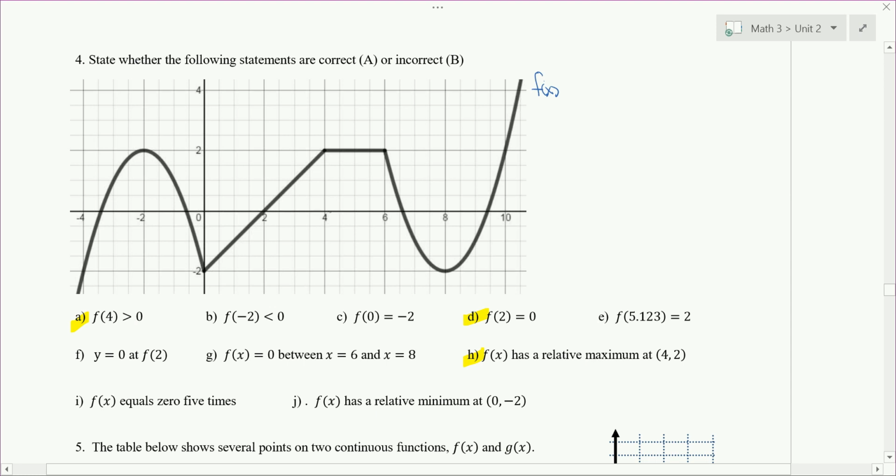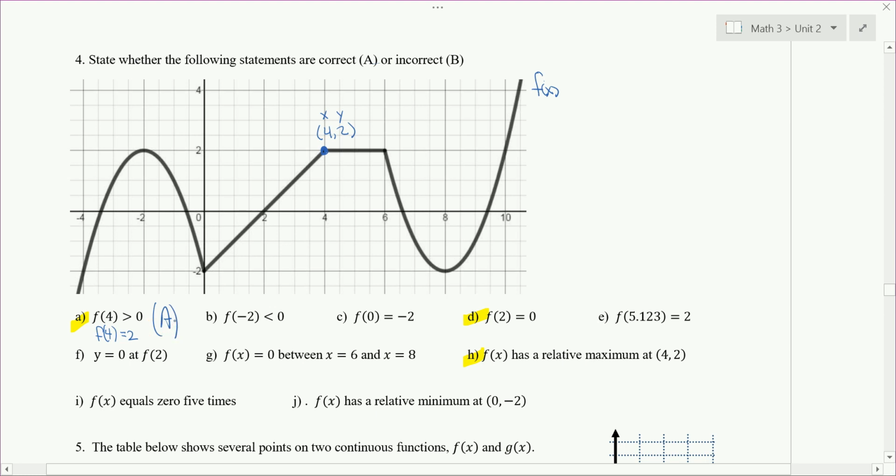So go to x equals 4, and f of 4 is 2, because here's the point, 4, 2. x is 4, y is 2, so we know f of 4 is 2. So is 2 greater than 0? Yes, it is. And so if it's correct, we're going to write A.